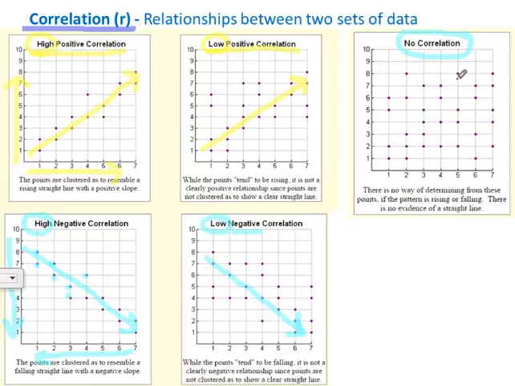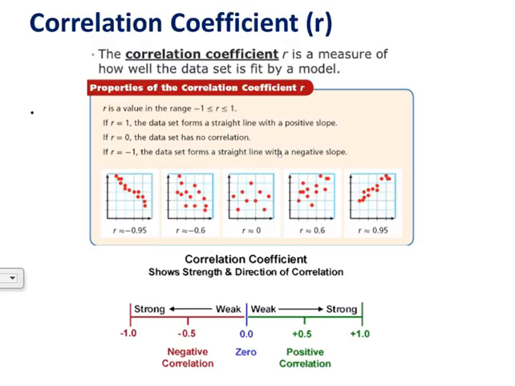Then we want to see how closely they're clustered together. If they're really closely clustered, you're going to have high correlation. Let's go on to the next slide and take a further look at correlation.